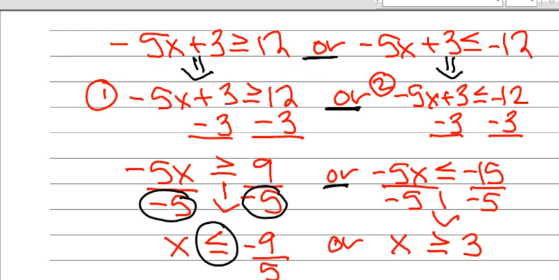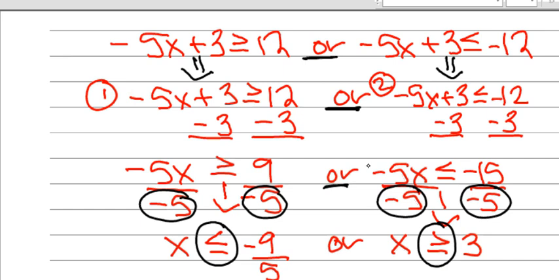I want to get x alone, so I need to divide both sides by negative 5. When I divide by a negative 5, or any negative number, I need to change my inequality sign just like I did over here. So it was a less than or equal to.